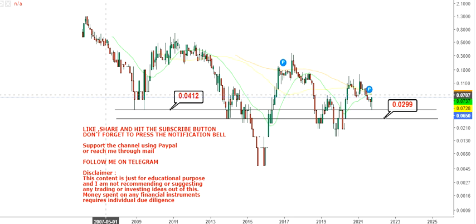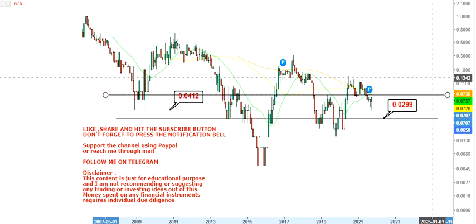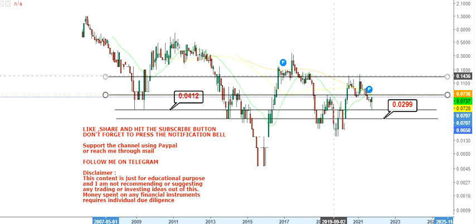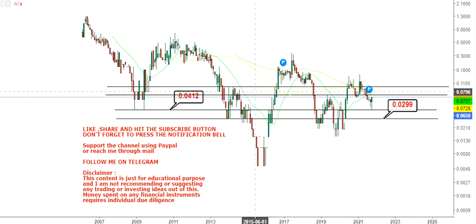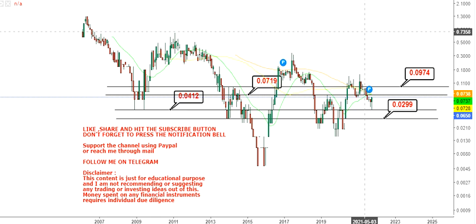Now looking at the upside, you have actually two levels to look at. You will have your immediate target of 0.07, then your next target of 0.09.